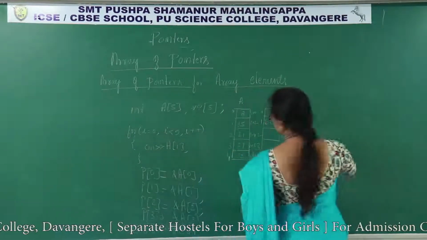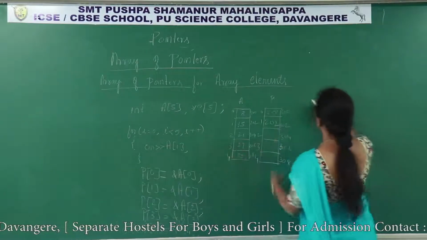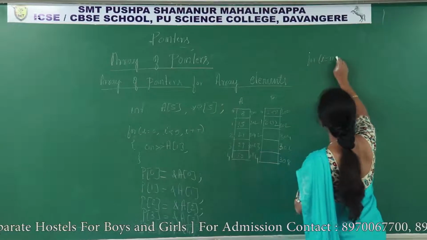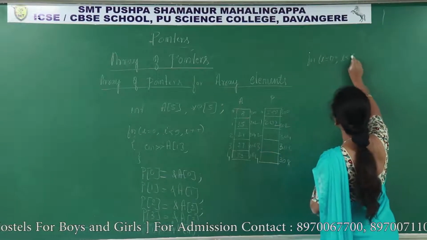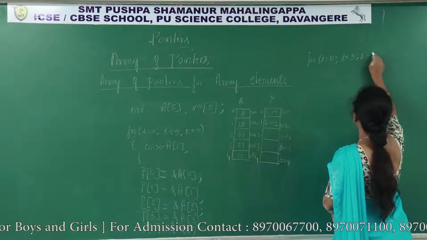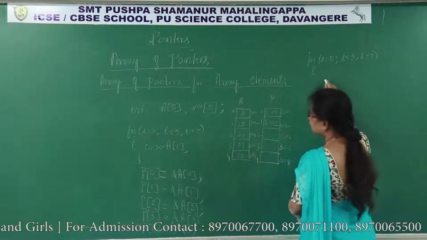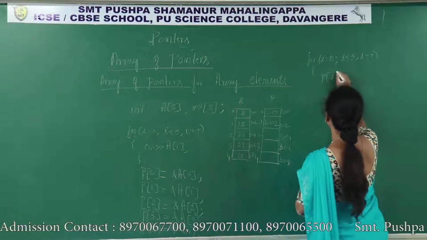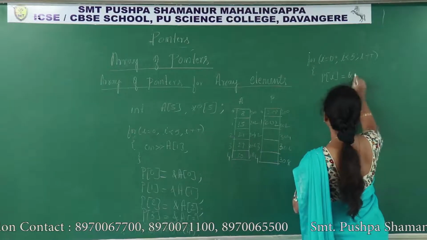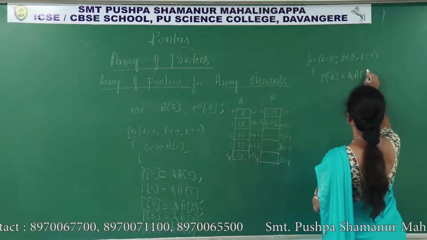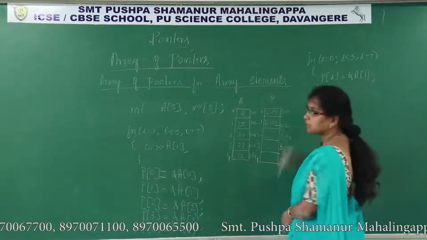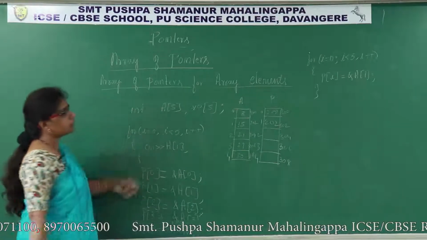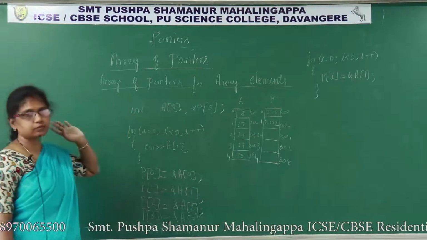For I is equal to 0, I less than 5, I plus plus. Now P of I is equal to ampersand A of I. Instead of writing these many instructions, I can write like this using a loop.